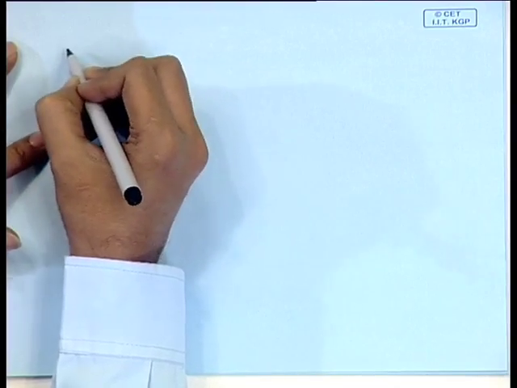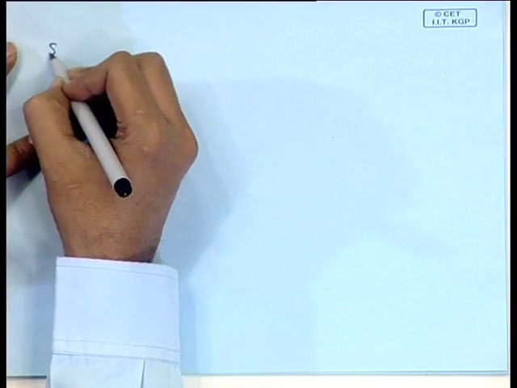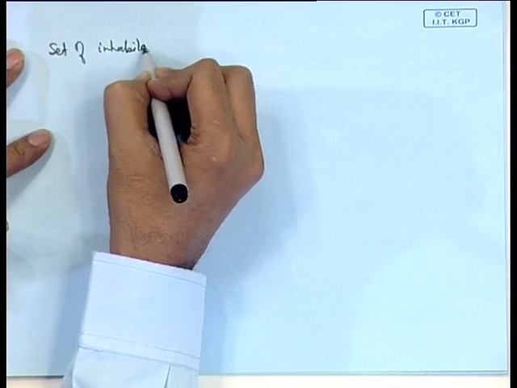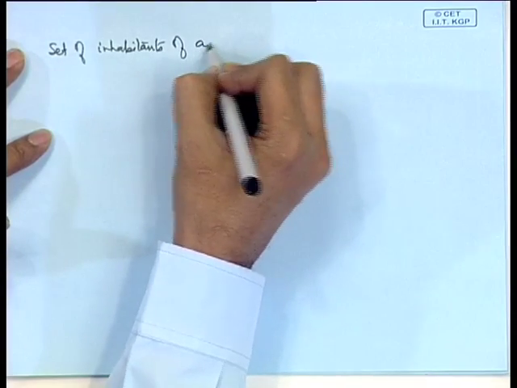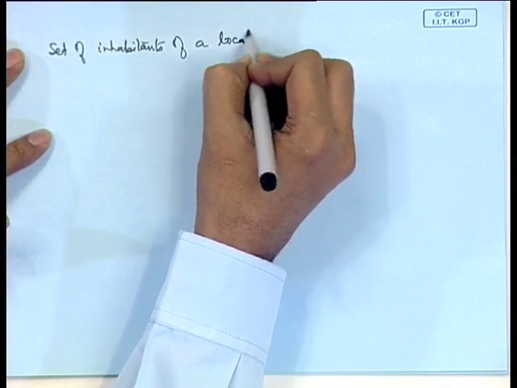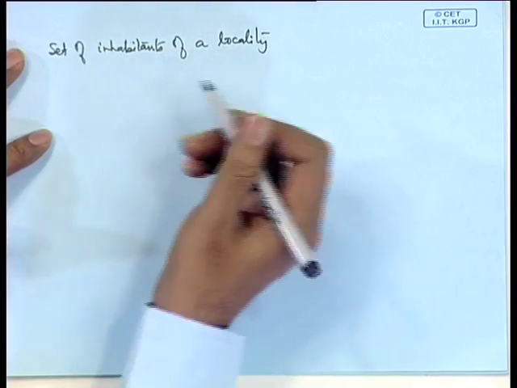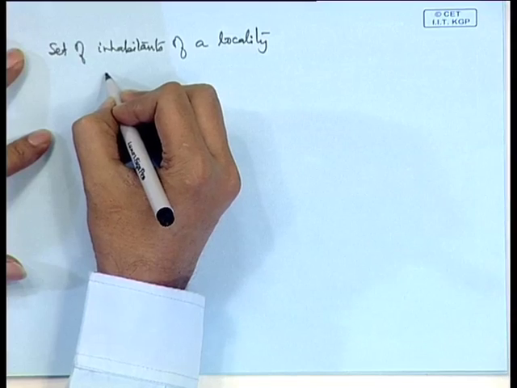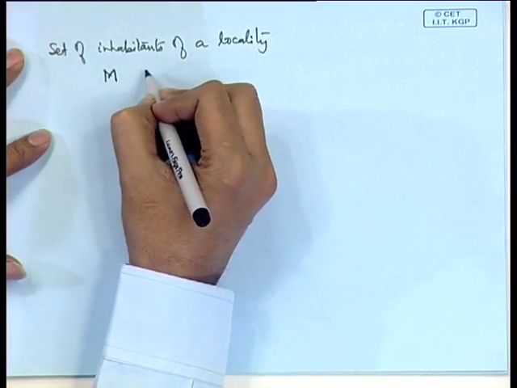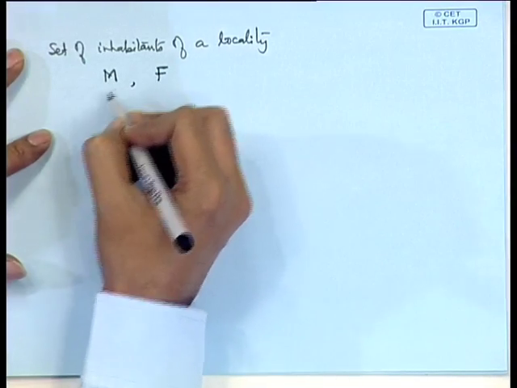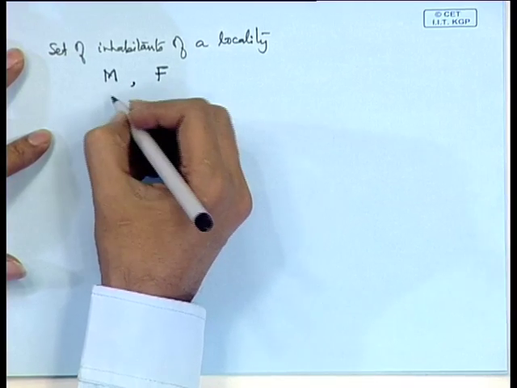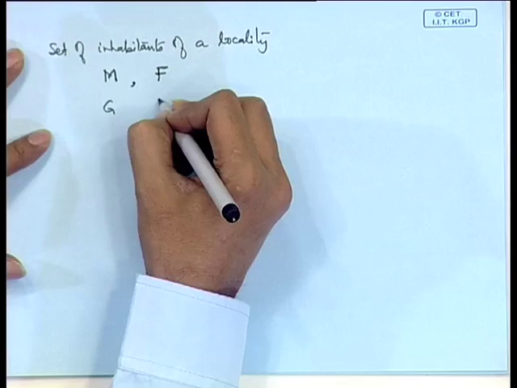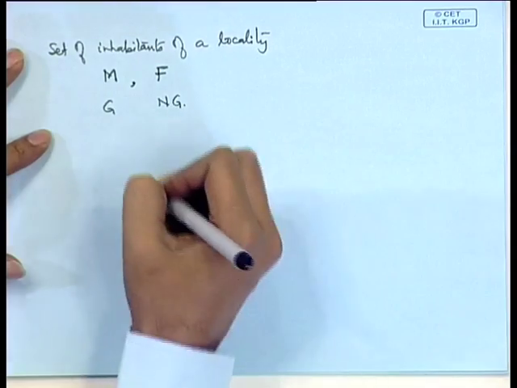Suppose we look at a set of say inhabitants of a locality. Now, when we do the survey, we may record their gender, that means male or female. We may also record whether they are graduates or non-graduates, that means below graduates.